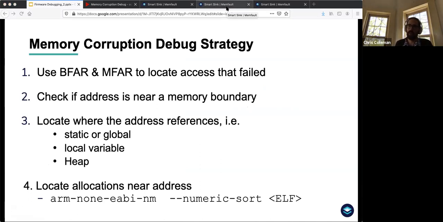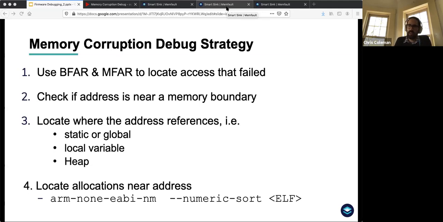The first is whether or not that bus fault address register or MemManage fault address register are set. If that's set, we're going to know the exact access that failed on the system. Once we know that, there's a few things to check. We can check if that address is near a memory boundary. So something I always like to know and have written down when I'm working with MCUs is what the memory map for the platform looks like.